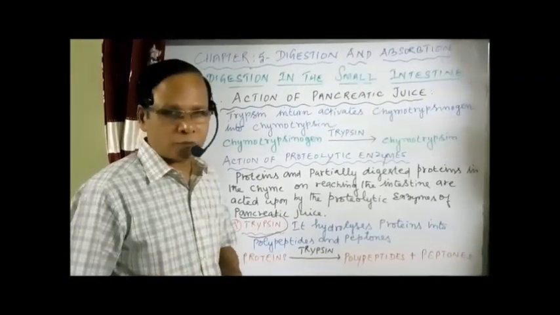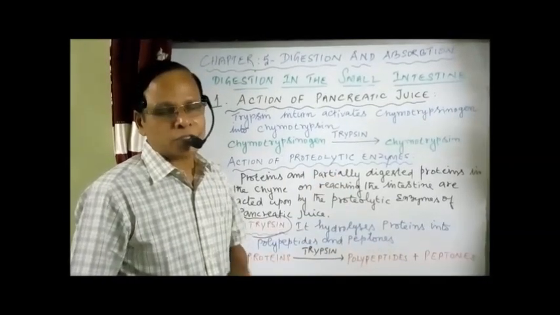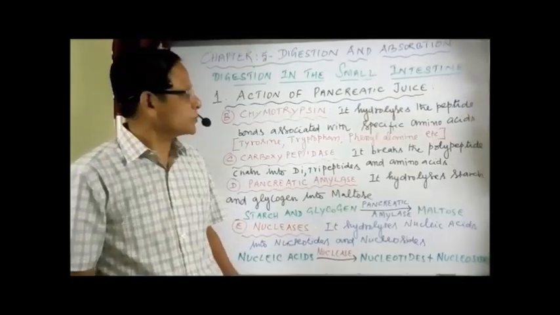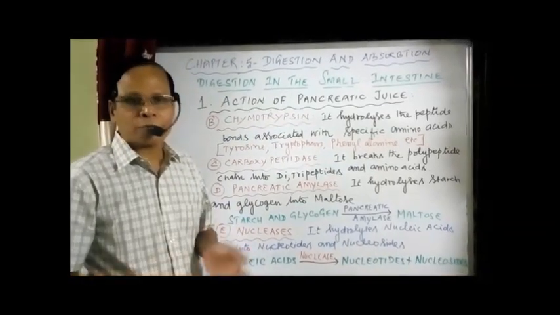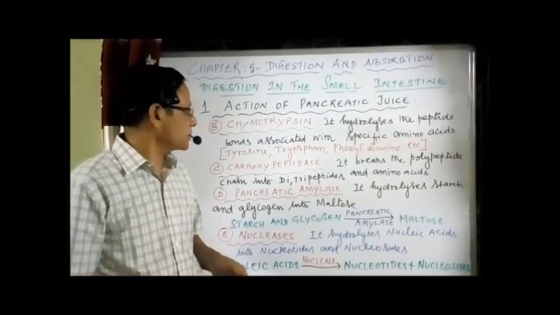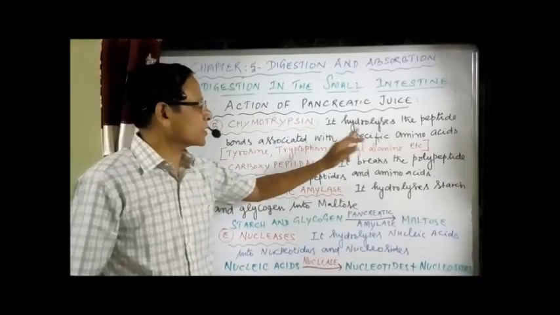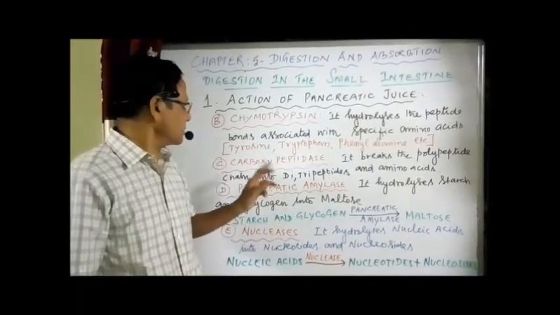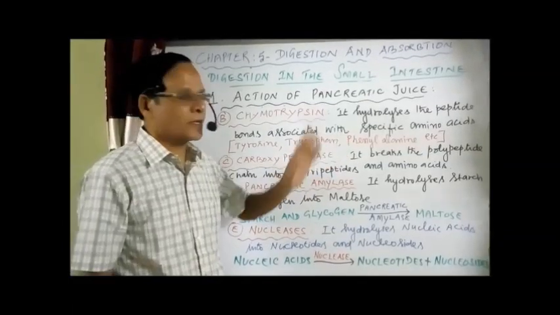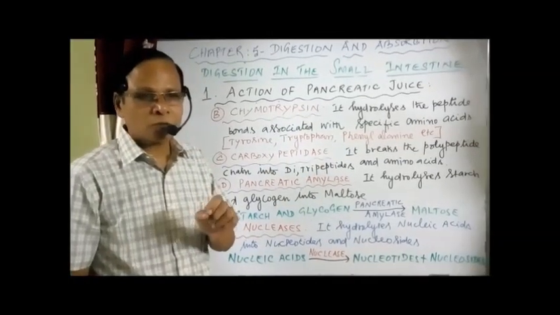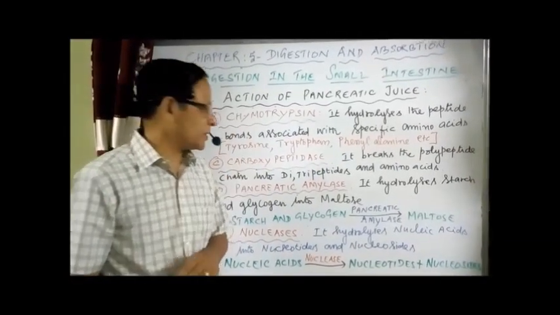Both are breaking proteins only, producing the end products. Chymotrypsin hydrolyzes not all the peptide bonds, as I mentioned earlier, only those between specific amino acids, for example tyrosine, tryptophan and phenylalanine.